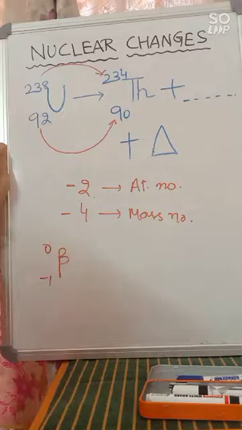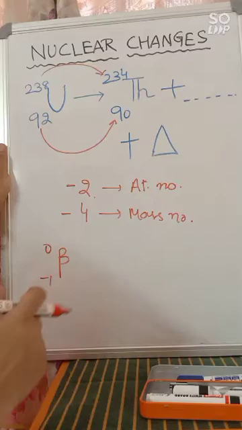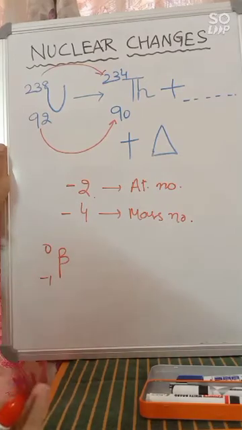Gamma emission is the emission when the nucleus is in the excited state and a large amount of energy is released in the form of gamma radiations or rays, right? So in gamma emissions, no change in atomic number or mass number is there. But here we have a change. So beta, not an option.